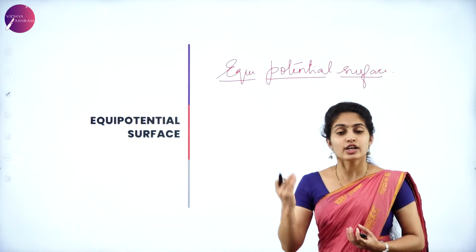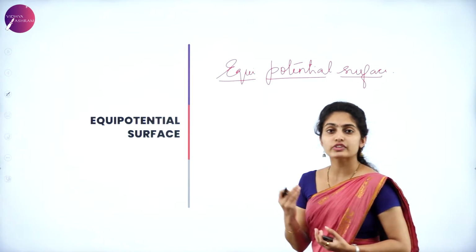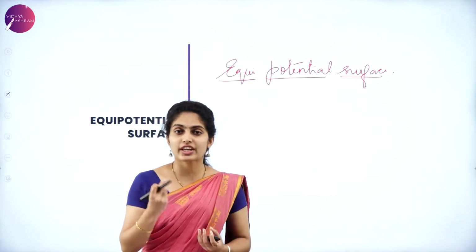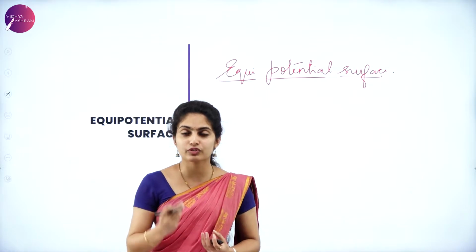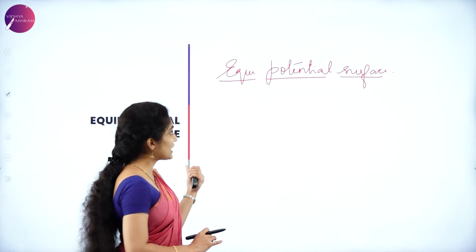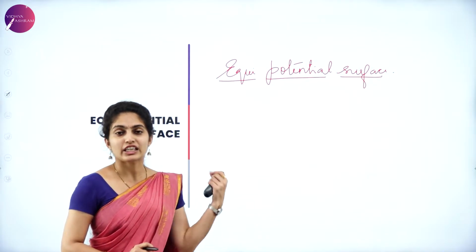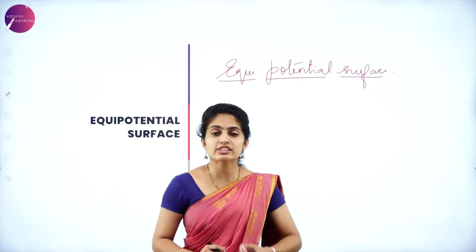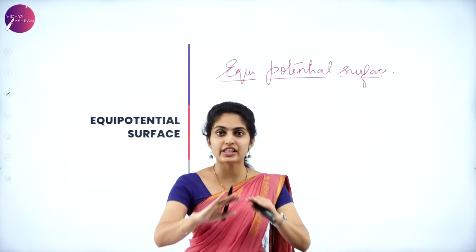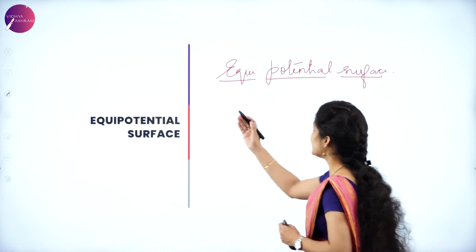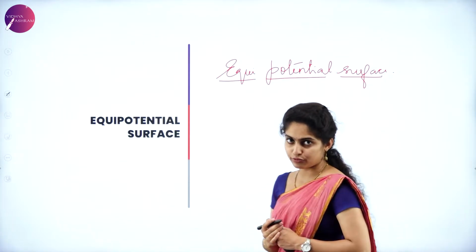Okay, that means the potential which lies on the surface are having equal values. That is, each and every potential which is on the surface is the same. It has got a constant value. So what is equipotential surface? Equipotential surface is a surface with constant value of potential at all the points. Okay, so that is meant by equipotential surface.